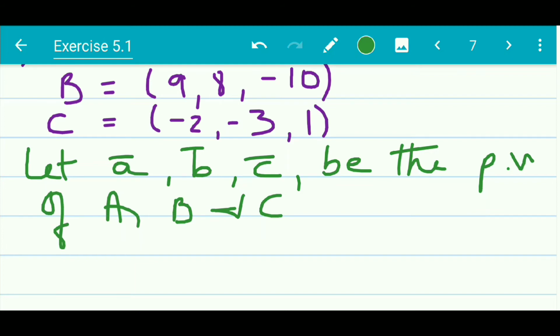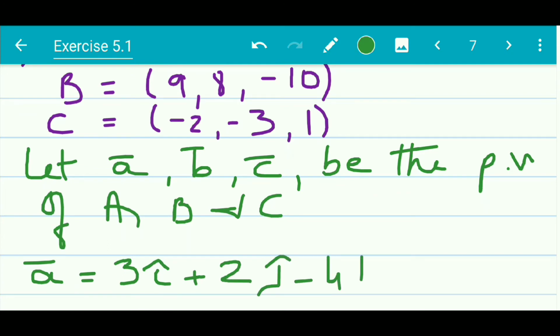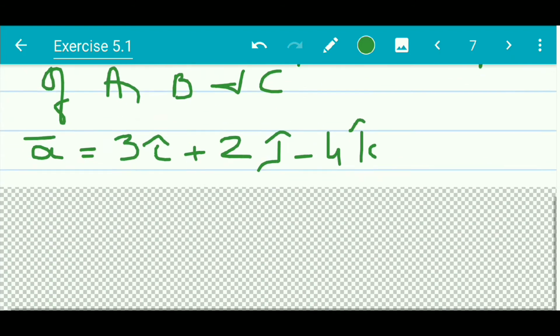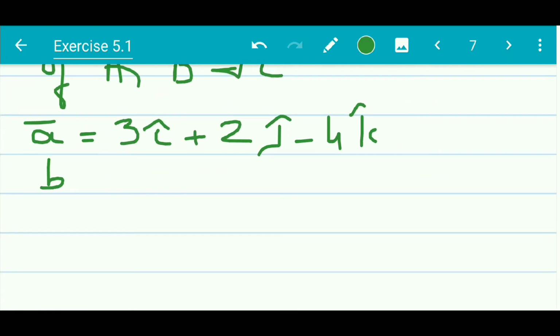Okay, having written that, from point A we get A bar as 3i plus 2j minus 4k. Similarly, from point B, we get B bar as 9i plus 8j minus 10k.